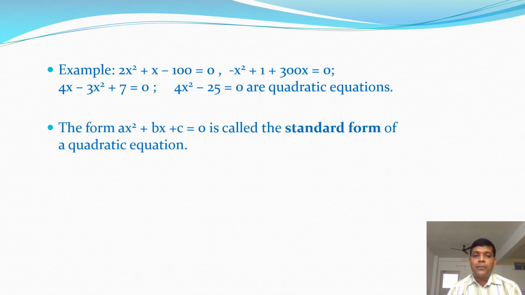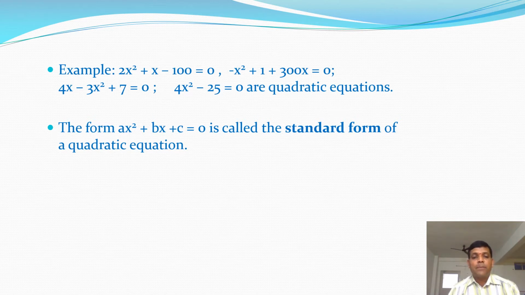The form ax square plus bx plus c equal to 0 is called the standard form of a quadratic equation. Standard form means, to express a quadratic equation in its standard form, we write the terms of the given equation in the descending order of their degree.